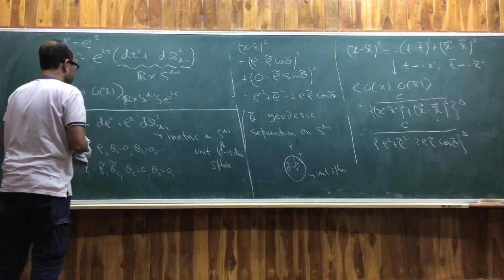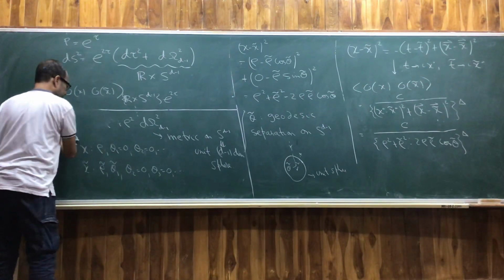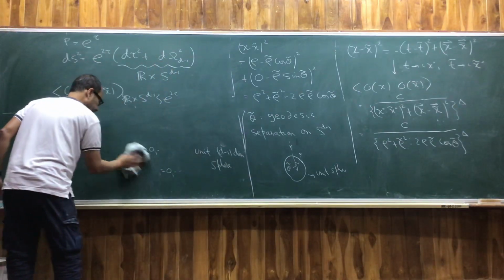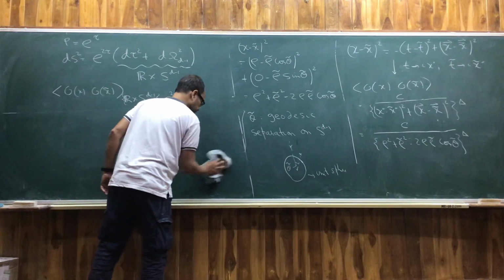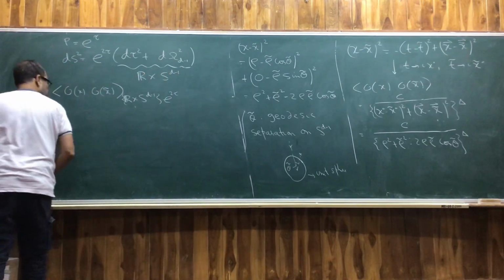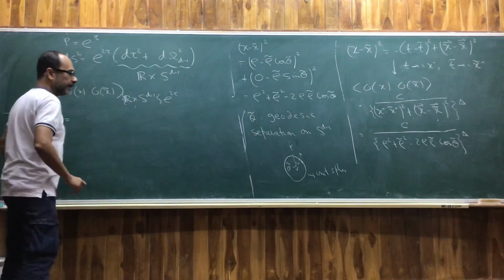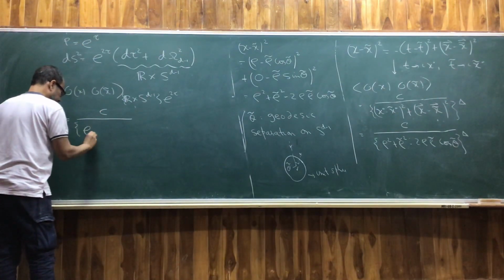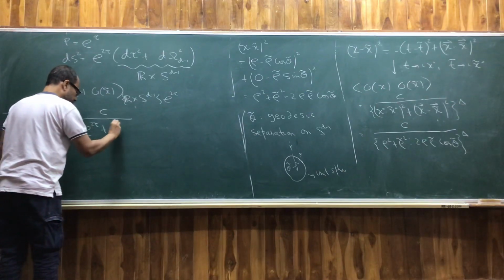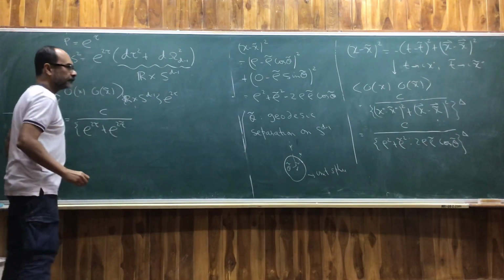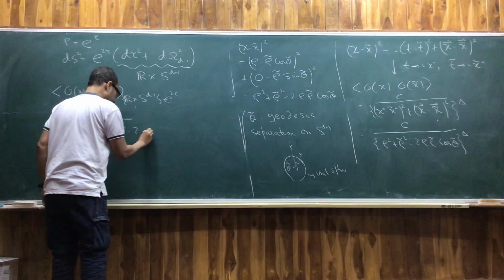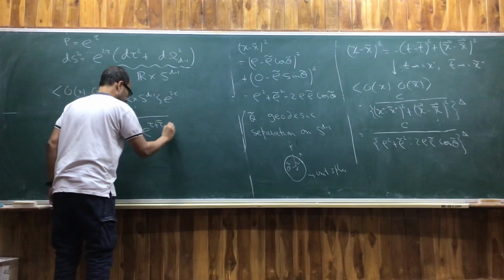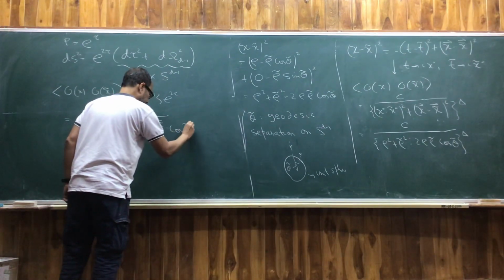So this is given by C over (e to the 2 tau plus e to the 2 tau tilde minus 2 e to the (tau plus tau tilde) cos theta tilde) to the power delta.